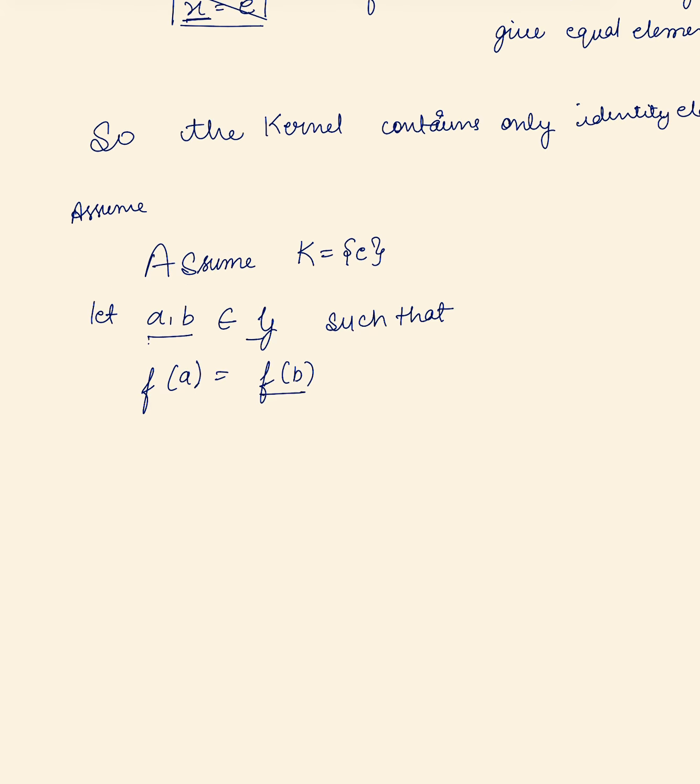Now I will cancel out f(b). To cancel it out, I will multiply both sides by f(b) inverse.